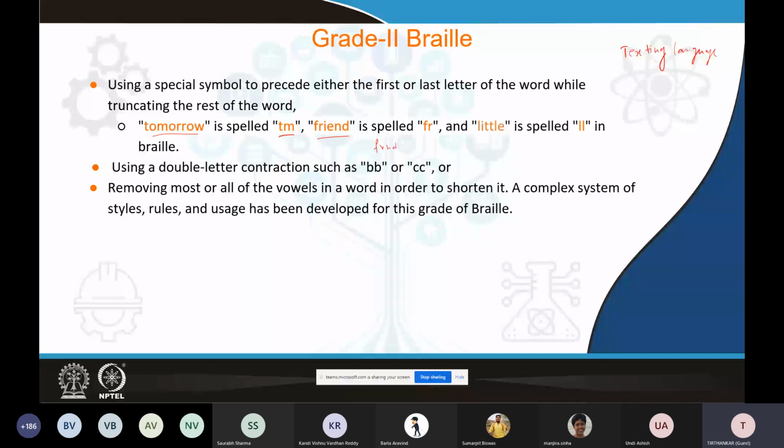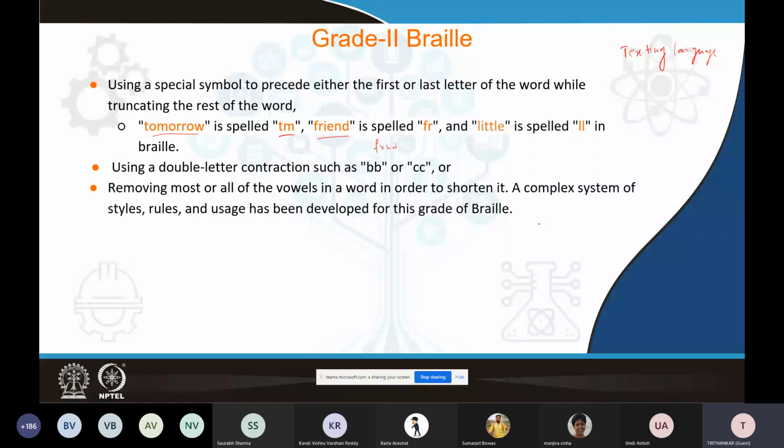So these are some of the frequently used contractions that we as sighted people also perform, depending upon the situation. But you will notice that these contractions are again not very random. We follow a certain kind of rules to do these contractions, and one of the rules is to remove the vowels.